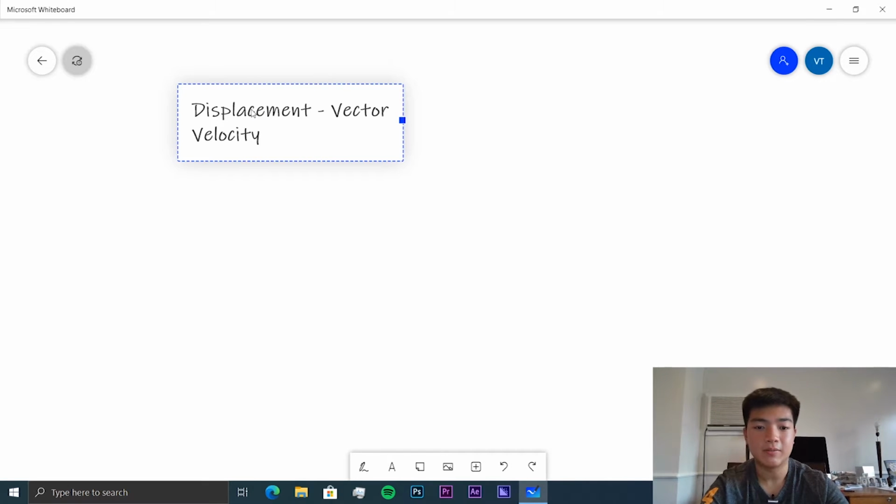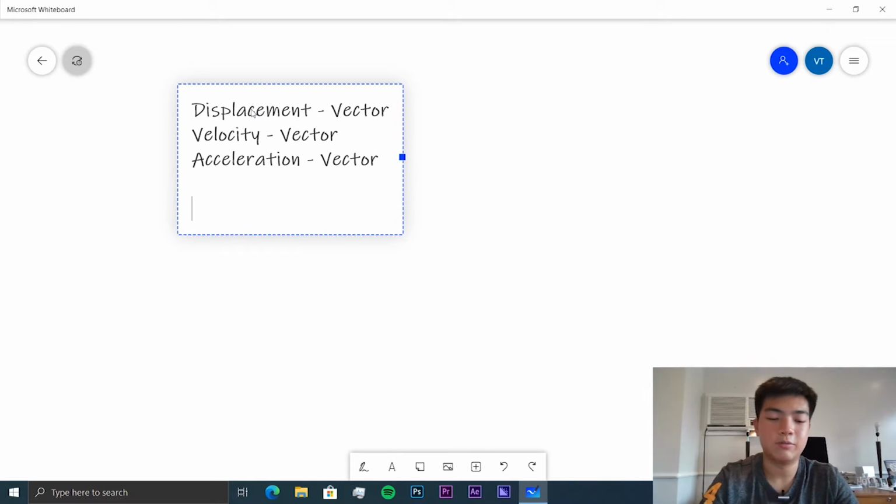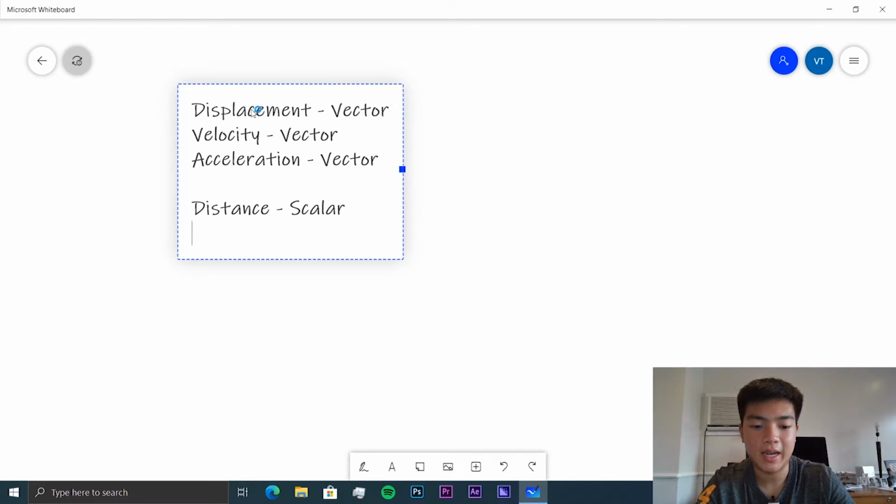Velocity is a vector quantity, and acceleration is a vector quantity. As well as this, remember that distance is a scalar quantity and speed is also a scalar.